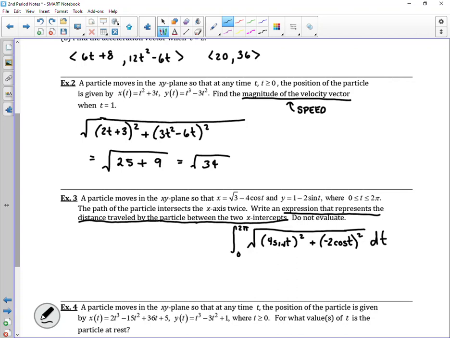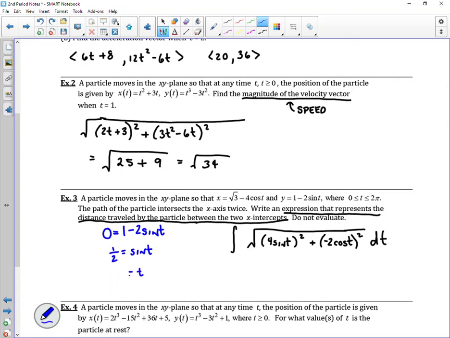Nice. Oh, wait, not 0 to 2 pi, sorry guys. We have to now calculate, thanks Jordan, our two x-intercepts. How do we calculate x-intercepts? Good. You guys are on a roll. So 0 equals 1 minus 2 sine t. 1/2 equals sine t.